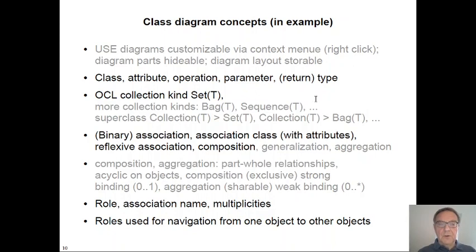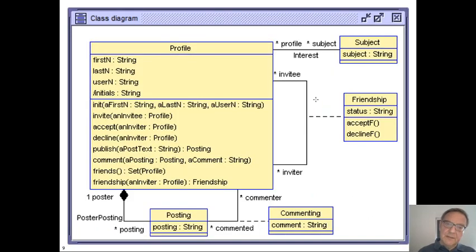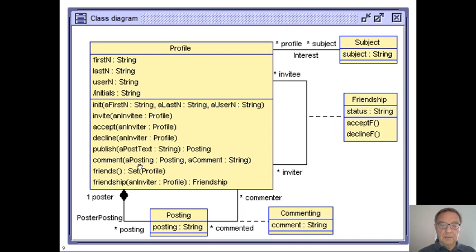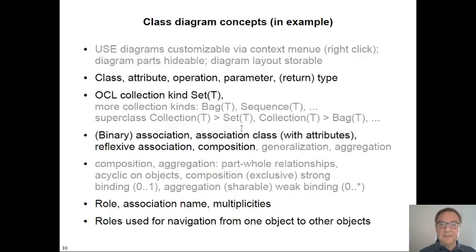We have looked at the concepts that were used in this diagram. We have seen classes, attributes, operations, parameters, return types. We have seen one of the various collection kinds, namely the set, the OCL set.